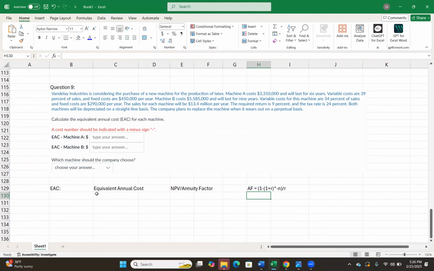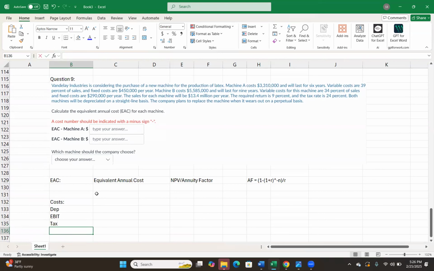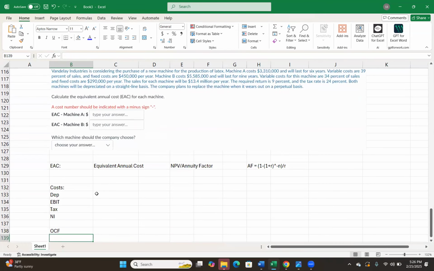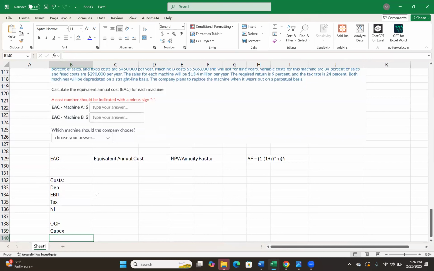Let's look through and see how we should build this out. So with equivalent annual costs, we only really need to account for the cost, because that's what we're doing. So costs, we've got depreciation, EBIT, tax, net income, OCF, CapEx, and there's no net working capital.